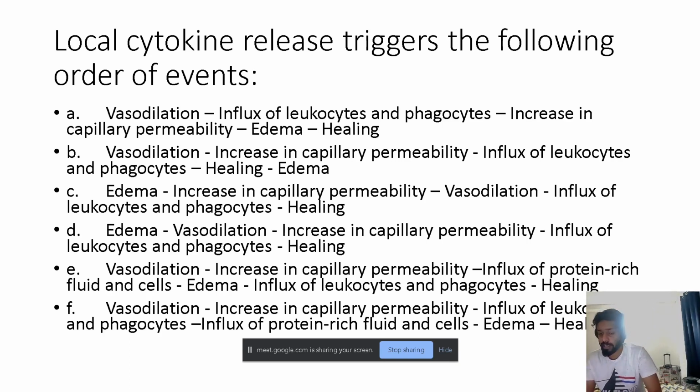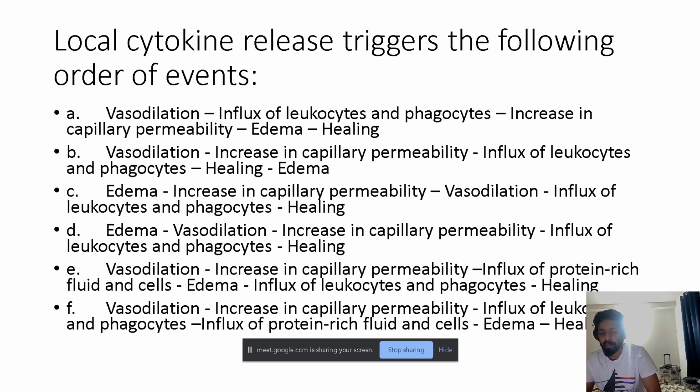Or does vasodilation come first, followed by increase in capillary permeability and then influx of leukocytes and phagocytes, healing and edema? Or does edema come first, followed by increase in capillary permeability, followed by vasodilation, followed by influx of leukocytes and phagocytes and healing? Or does edema come first, followed by vasodilation, followed by increase in capillary permeability, influx of leukocytes and phagocytes, and then healing?